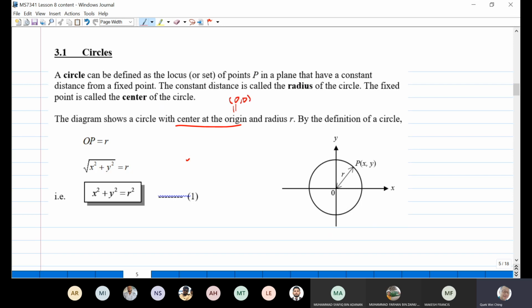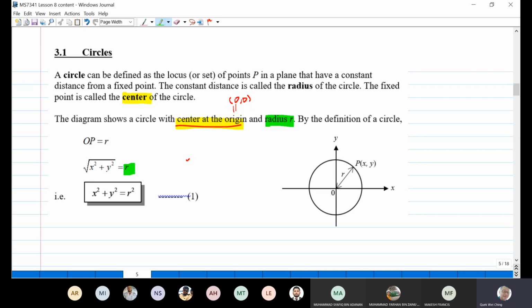And the radius is fixed. For any point you find, the radius is the distance between the point and the center, so that is called r here. So r is the radius. You can see there's a center, the origin, then the radius is r here.